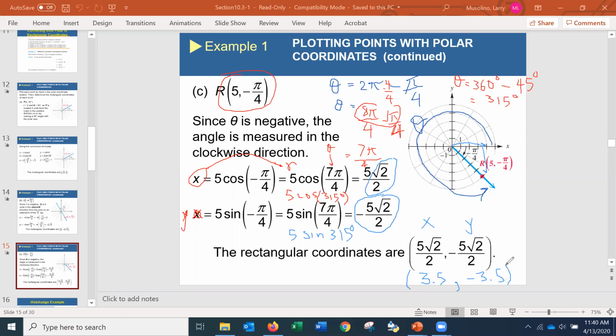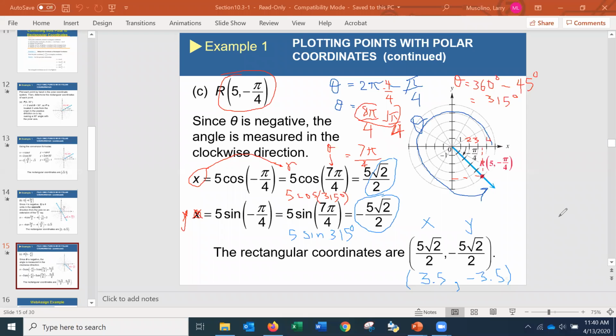Does that make sense? Well, if you notice on this polar coordinate grid, let me see if I can mark the R numbers here. This would be R equals 2. This is R equal 3, and this is R equal 4. And I notice that the location of this red dot is at about 3.5 positive and negative.